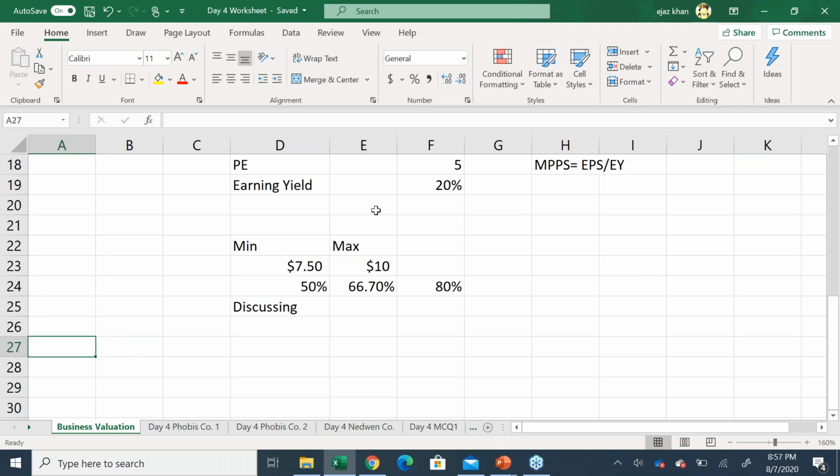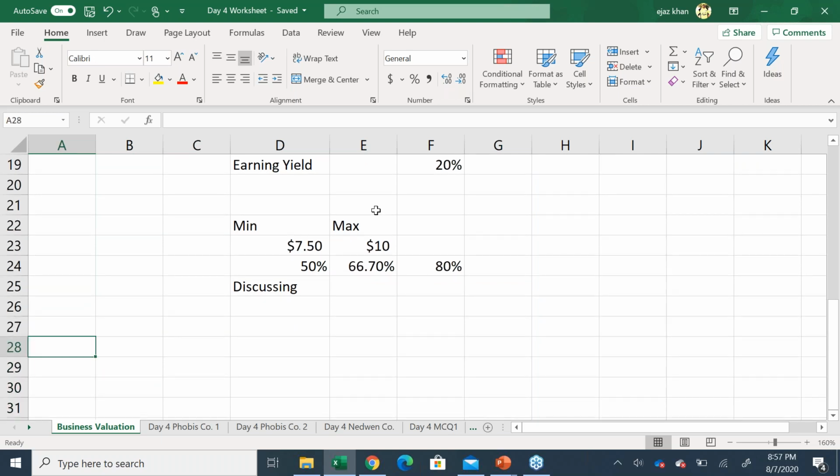They have a perception that if the company is paying a higher dividend, it means it's making more profits, it's a good company. So a general perception in the market is that a higher dividend would mean a high performing company, and therefore there should be a high value of that company. So the dividend valuation model calculates the value of a share based on the dividends paid by the company.